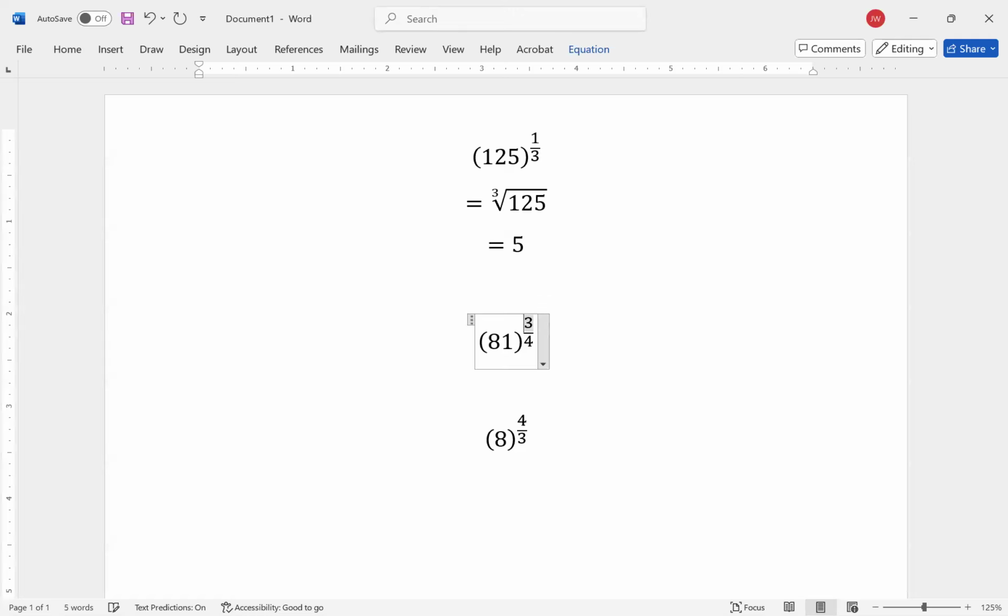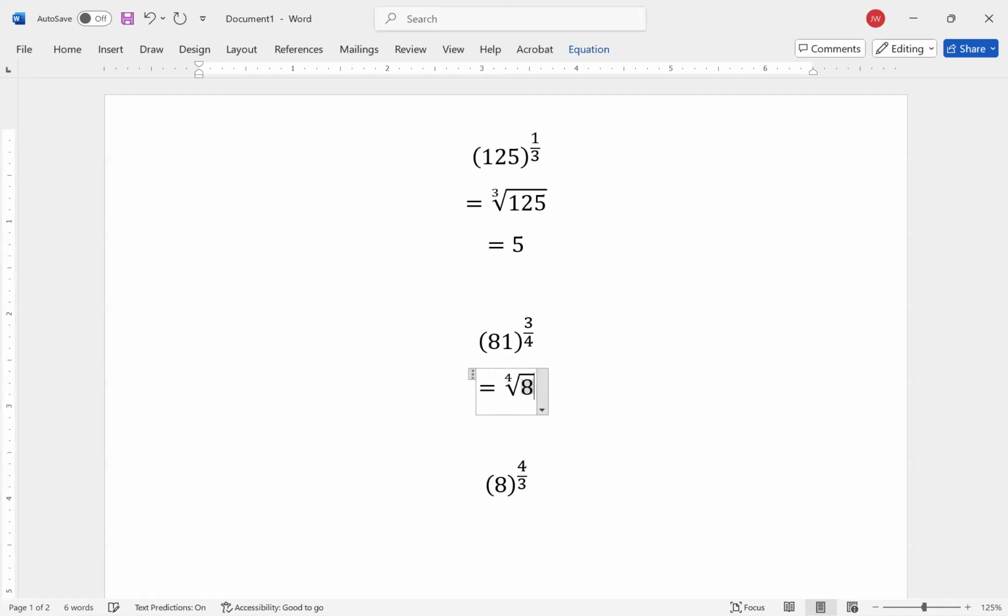Here we have 81 raised to the 3/4 power. There's a couple of different ways you can do this. Probably the easiest way is to take the 4th root of 81 and then take that whole thing and raise it to the 3rd power. That's one of the options for doing these things.